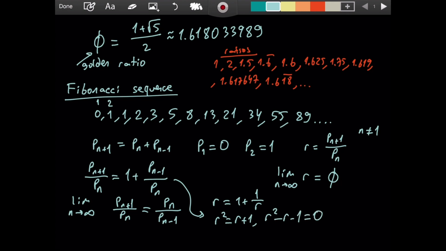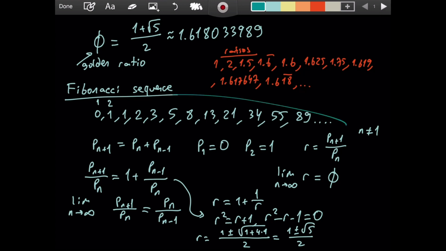If we solve for R using the quadratic formula, it is going to be 1 plus or minus the square root of 1 minus 4 times 1 times negative 1. This became a plus because of this minus. We divide by 2. It is going to be 1 plus or minus the square root of 5 over 2. And we are going to neglect the negative root because 1 minus the square root of 5 would give a negative number.